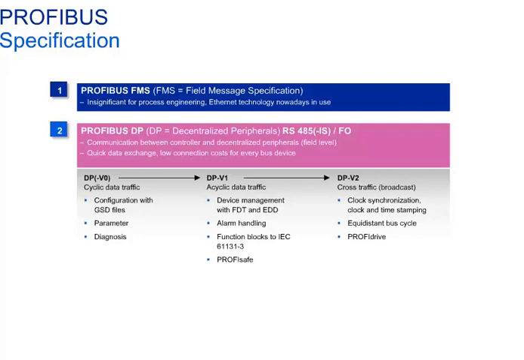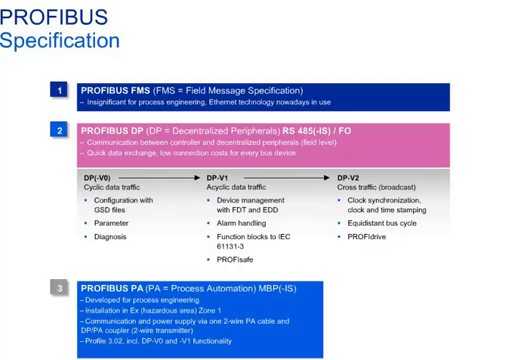The third subgroup, called DPV2, is also suitable for direct exchange of measured values between field devices without involving the distributed control system, master. Moreover, message time stamping with the clock synchronized time can be realized directly in the field device.